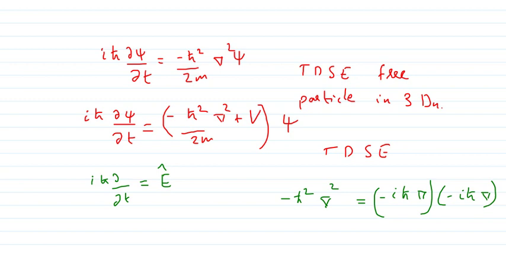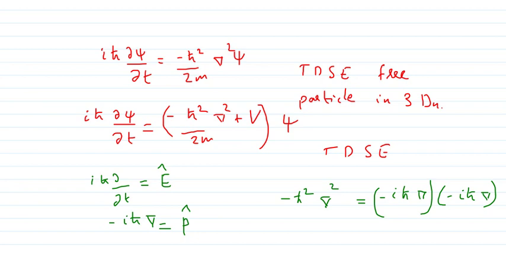So that turns out to be p square by 2m. So that is the kinetic energy part. So we can identify this one as the momentum operator. Minus i h cut del is the momentum operator. So this is how we identify the operator values.